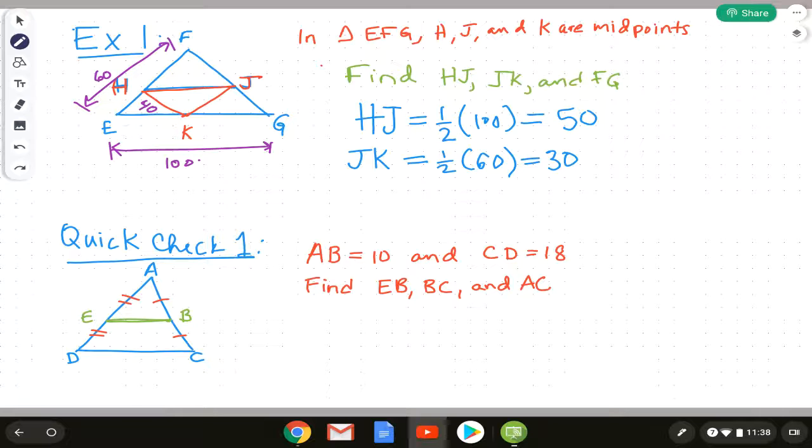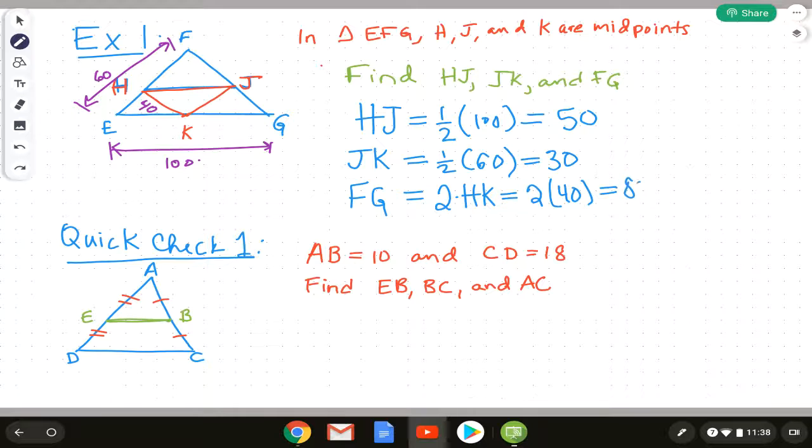And then finally we're looking for FG. This time, this segment is not a midsegment, it's actually part of the original triangle. So I'm seeing what midsegment it's across from, which is HK, and FG has to be twice that. So we're thinking of it backwards. So this has to be twice HK, so that would be 2 times 40, which is 80.